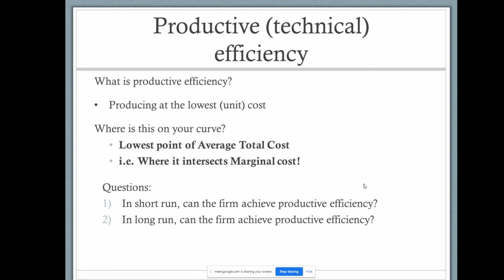Only sometimes. Can you make it more specific? When will they get productive efficiency? When they are having normal profit. Yes, right. Because we know in the short run there are three possibilities, and there's only one possibility which will give you productive efficiency, and that is when you are earning a normal profit.